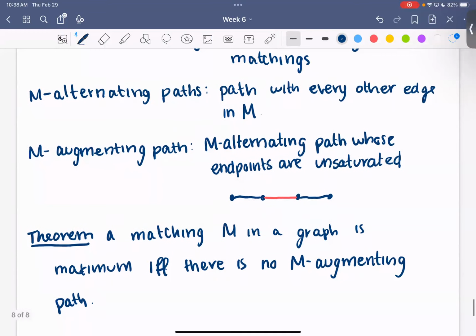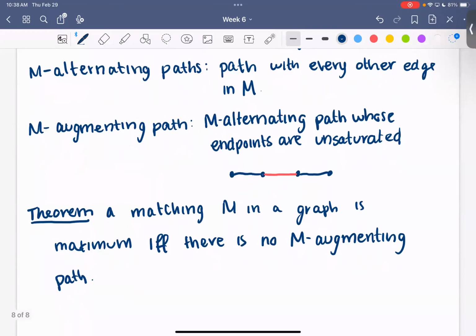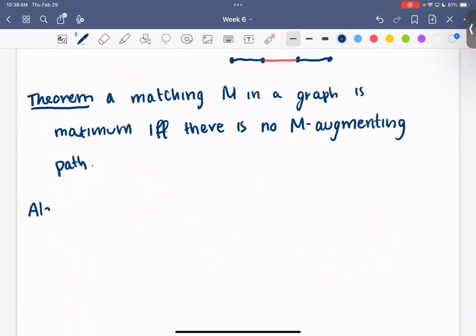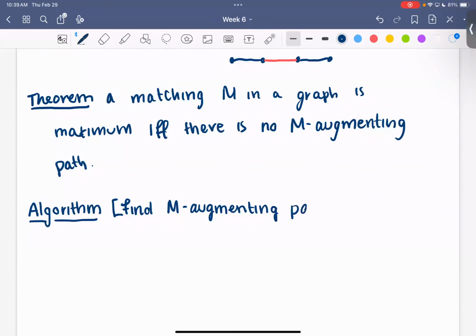Okay, so let's see the algorithm for finding an M augmenting path. This is just going to be in a bipartite graph.